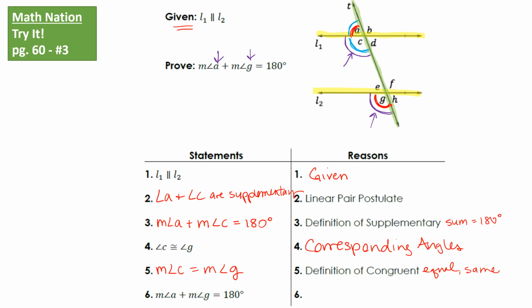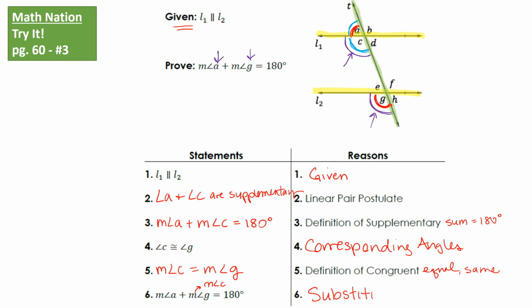If I know that A and C are supplementary, and if I know that C and G are congruent, then I can just replace the measure of angle G with the measure of angle C. So if I'm replacing something, then obviously that means that I am substituting it.